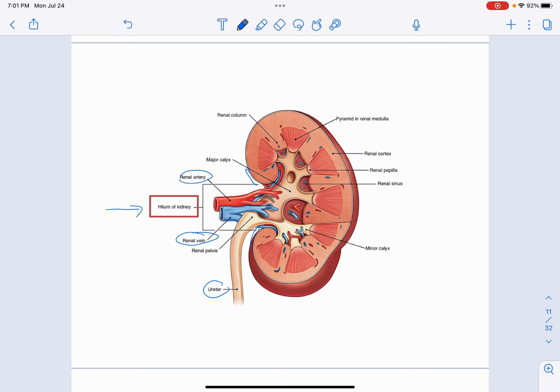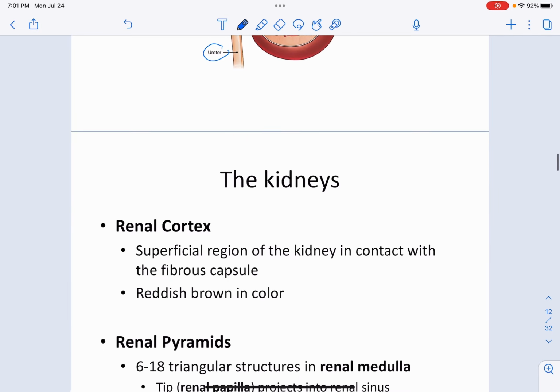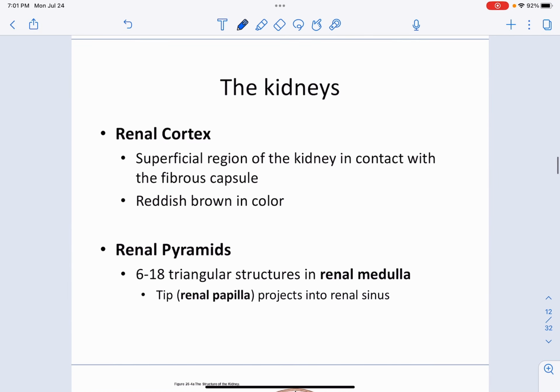Okay, now we're going to work through the anatomy of some of the internal structures that you see in the kidneys. So, surrounding the kidneys is the renal cortex. This is a superficial region of the kidney that is in contact with the fibrous capsule. And I'm going to show you this all on pictures in a minute.